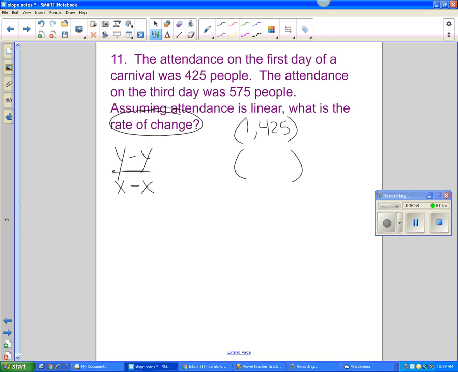Good. So Neve, what do you think my next point is? All right, Rebecca, what do I do from there? Subtract what? Which 2?